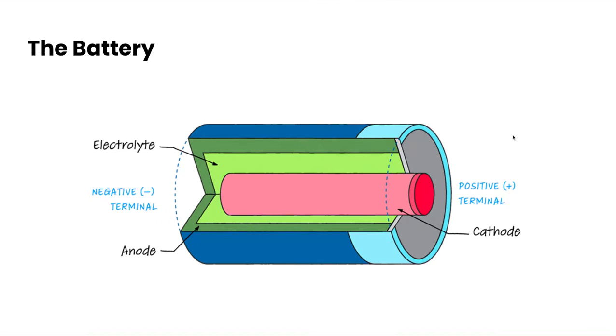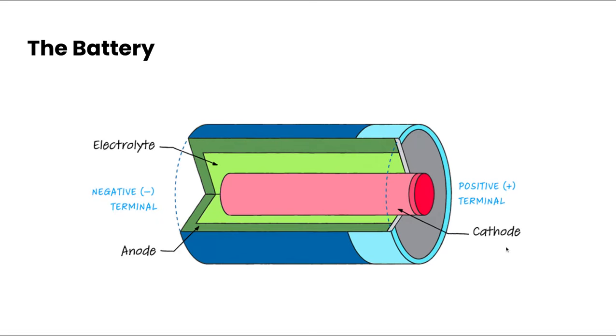Now, the other part of our circuit that we want to take a closer look at is the battery itself. Batteries are really interesting and actually pretty complicated in terms of their chemistry, so we're not going to go into too much detail here. But the main components of a battery are two electrodes.